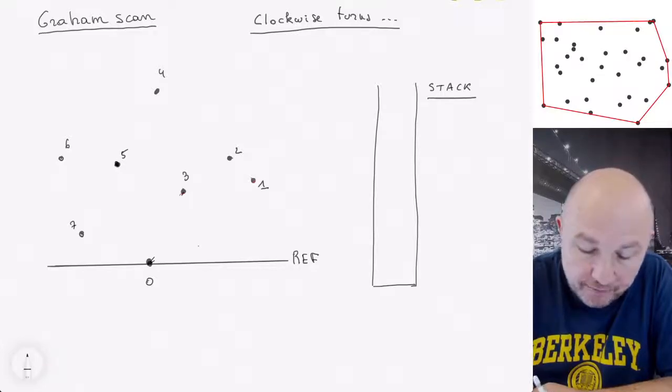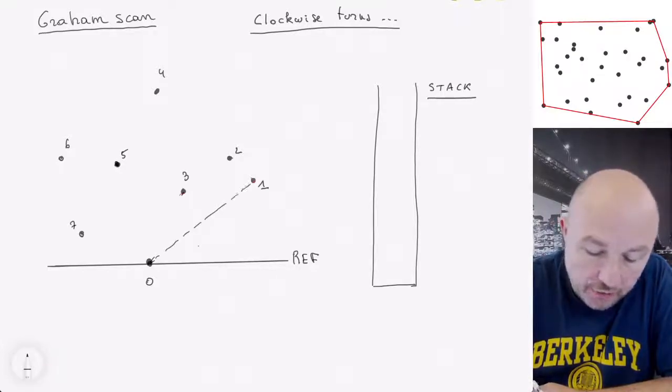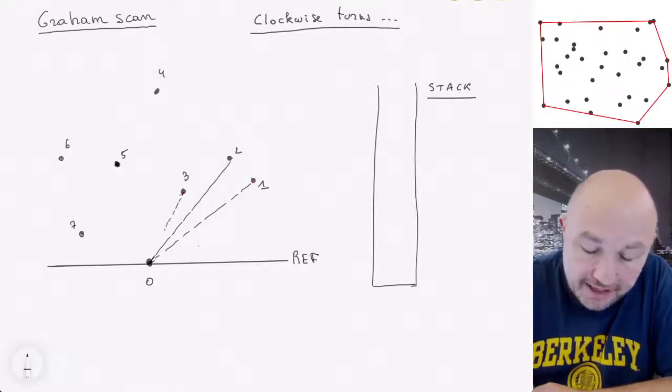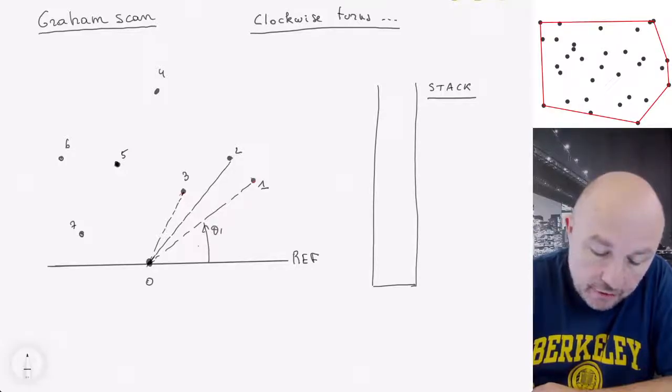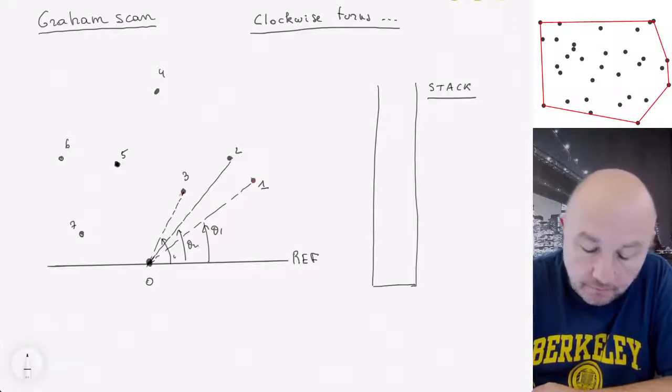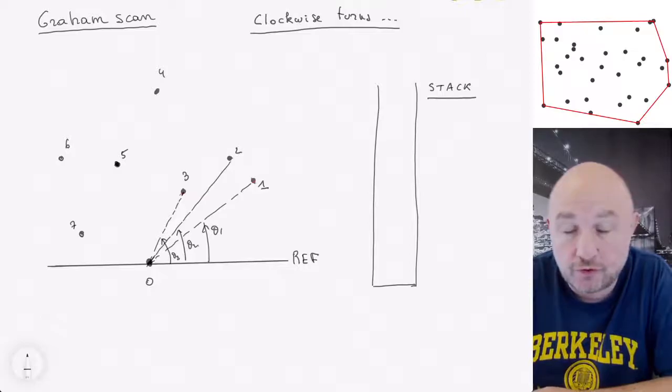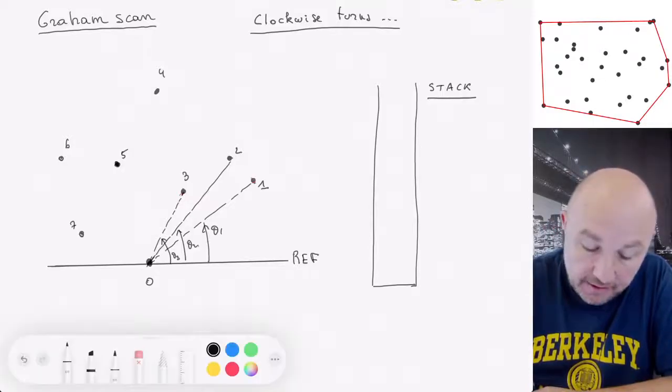If you look here, for example, 1 and 2, and even 3, those points are sorted with respect to the angle that the line 0, 1 makes with the reference. So those points are all sorted with respect to the angles they make with that reference system.